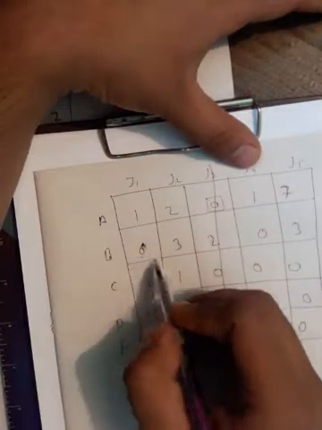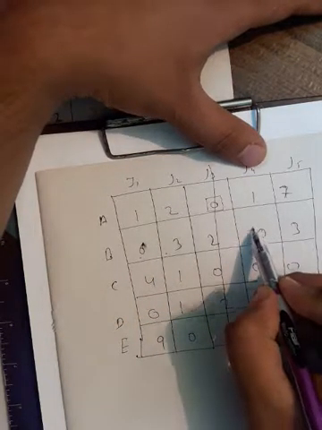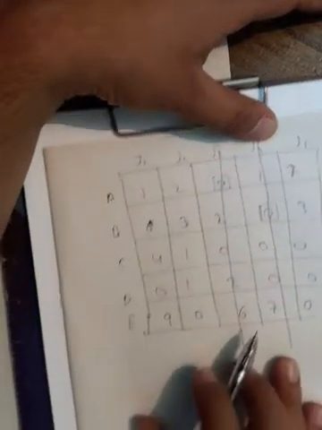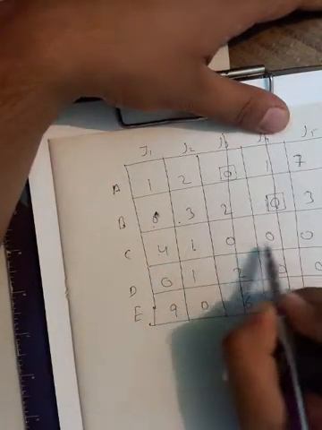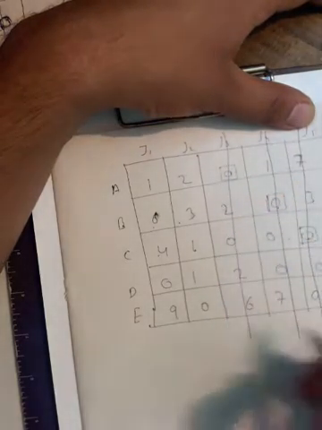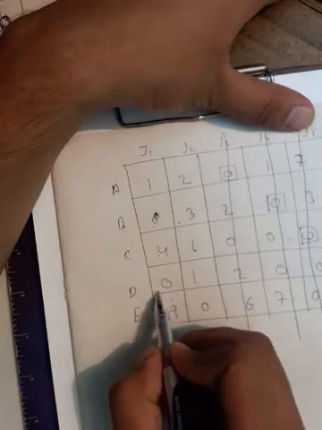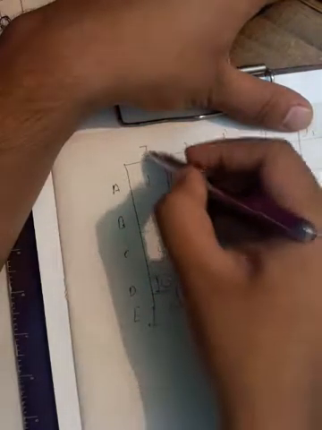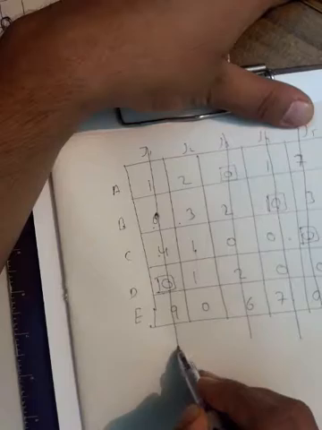Again move to the second row. Here it is coming once, you cover it and cancel that respective column. Again here it's coming once, so cover it and cancel that respective column. In the fourth row it is coming once, you select it and cancel that respective column.